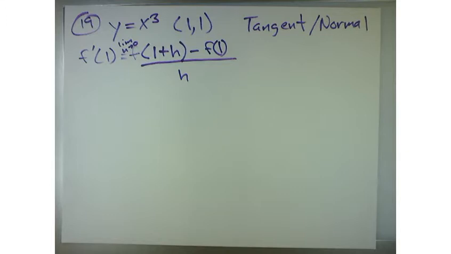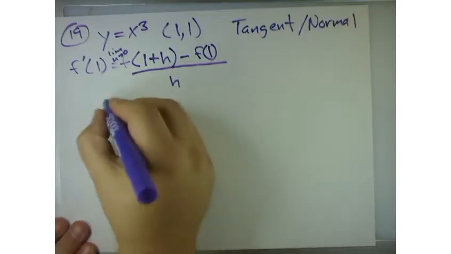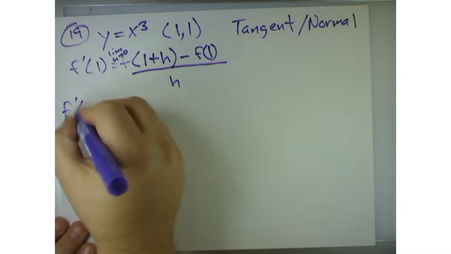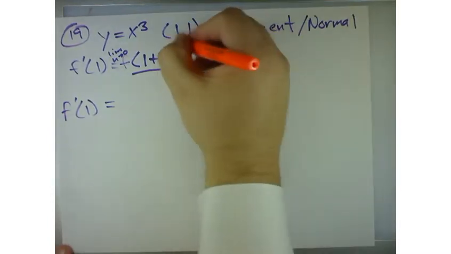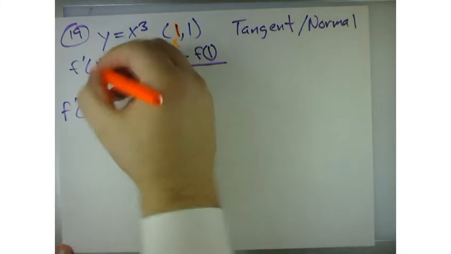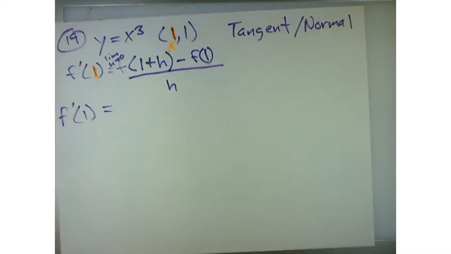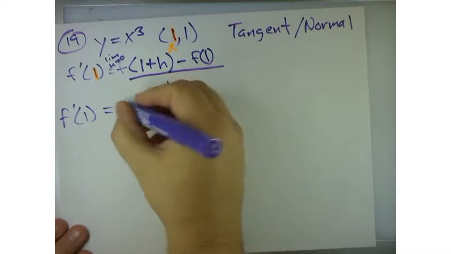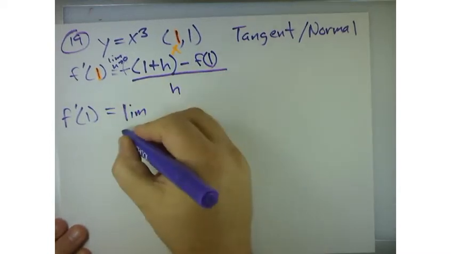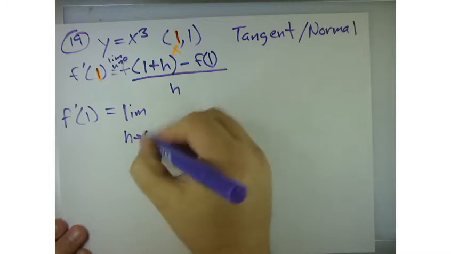So on the next line, we want f prime evaluated at 1. Now, you guys know where the 1 comes from, right? Yeah. We're interested in the x value 1. And let me write this out a little clearer because I forgot to write it down before. We're going to take the limit of all this stuff as h approaches 0.